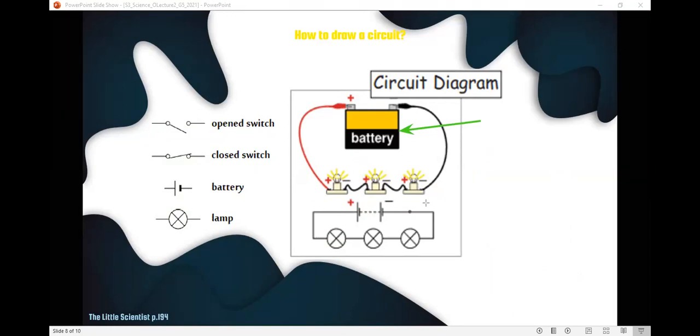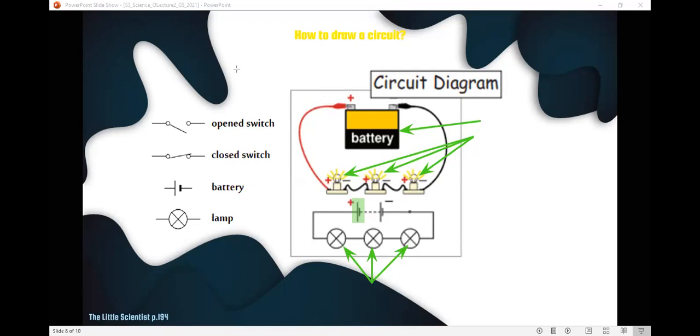How many lamps? 3 lamps: 1, 2, 3, and we connect them using wires. I don't have a switch. So first of all, you draw a battery, and you draw 3 lamps: 1, 2, 3. You connect them using wires.